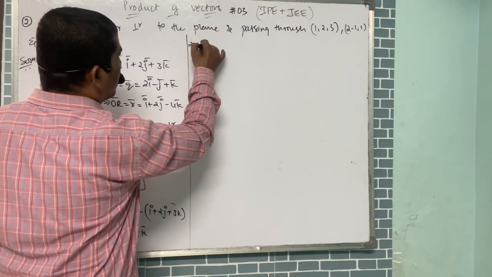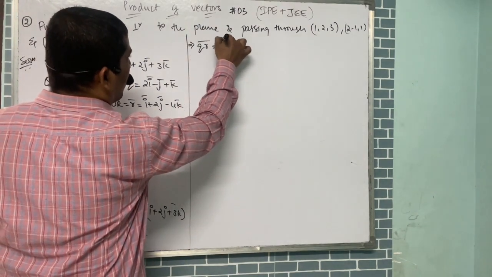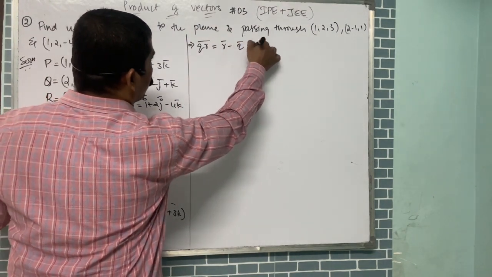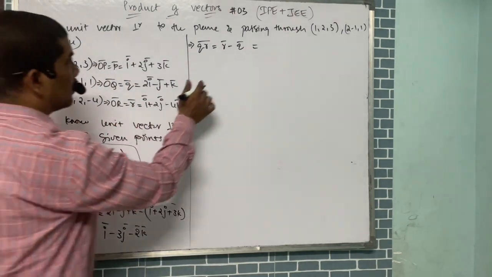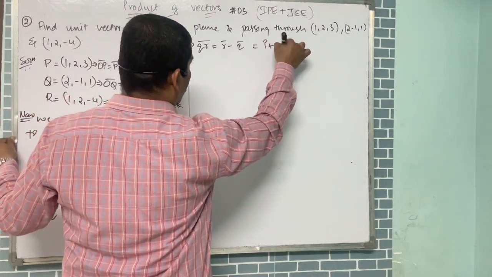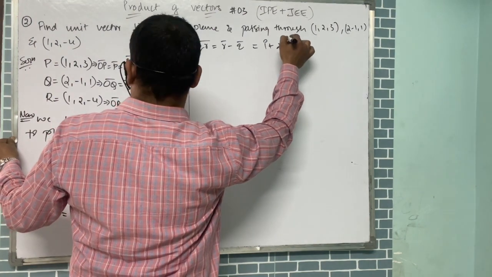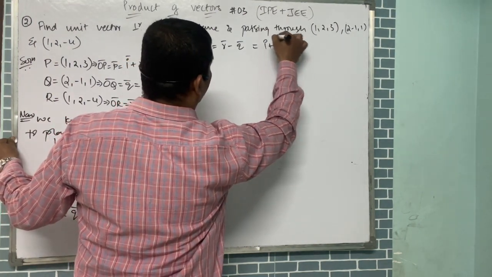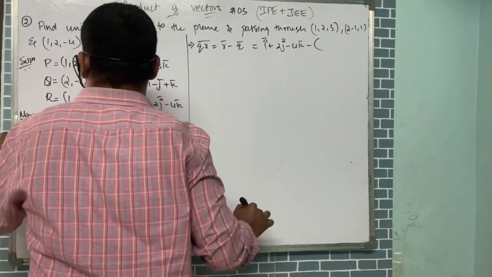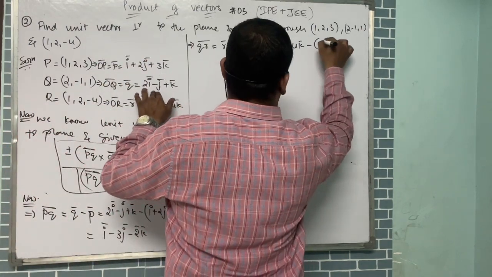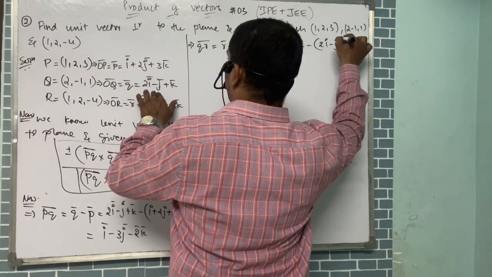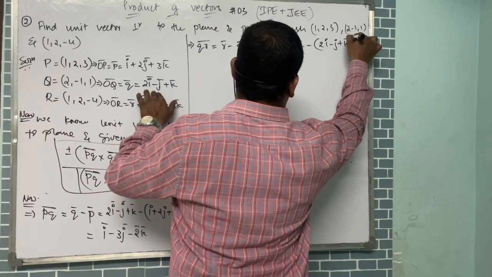Now we'll do QR, so R minus Q. What is R? i plus 2j minus 4k. What is Q? 2i minus j plus k.